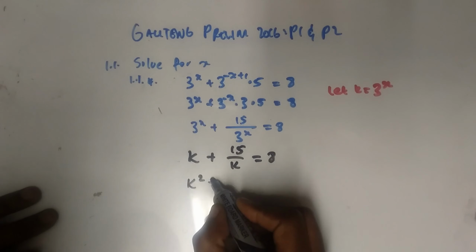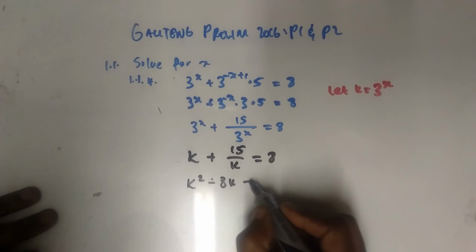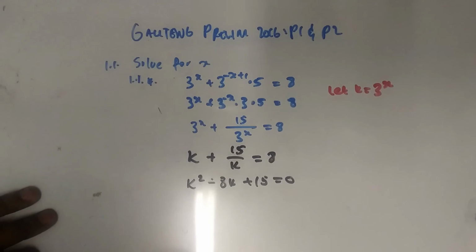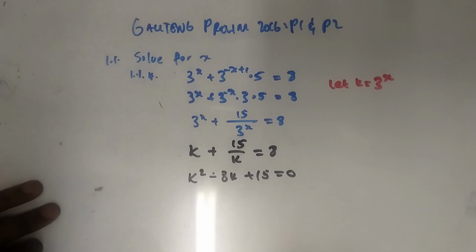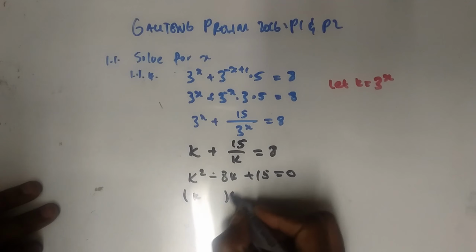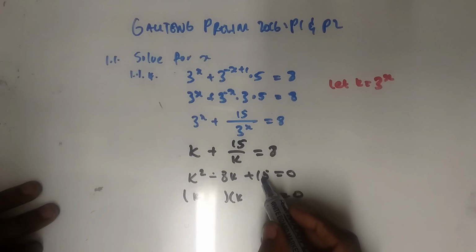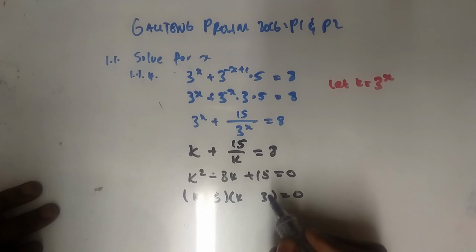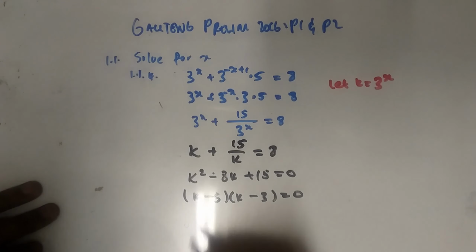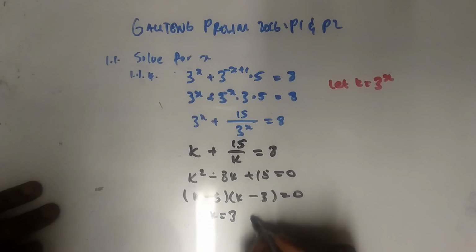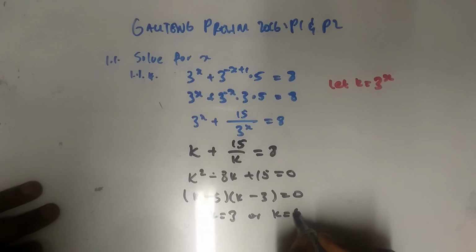I'm going to have k squared minus 8k plus 15 is equal to 0. Then I'm going to factorize. The factors of 15 are 3 and 5, and they both have to be negative. Therefore k is equal to 3 or k is equal to 5.